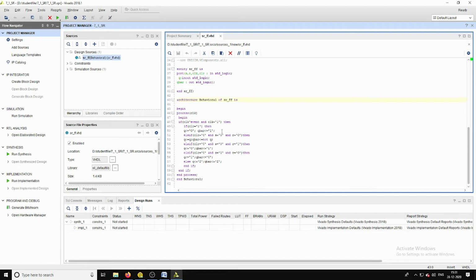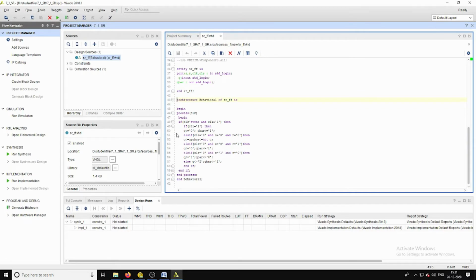whenever the clock equal to 1 and clock event occurs, that is across the positive edge of the clock, nothing but logic 0 to logic 1 transition, the operation starts. At that particular moment, if clear signal is 1, then output of that flip-flop Q will be assigned as 0 and its complementary output is assigned with 1.